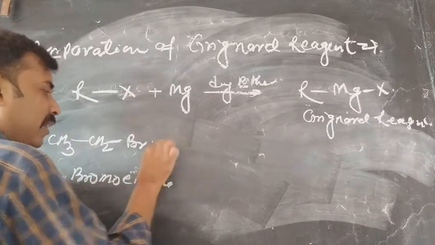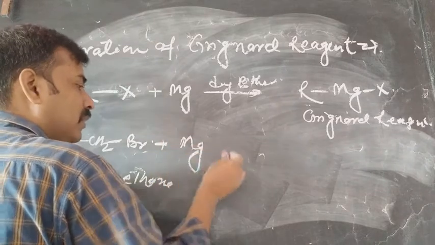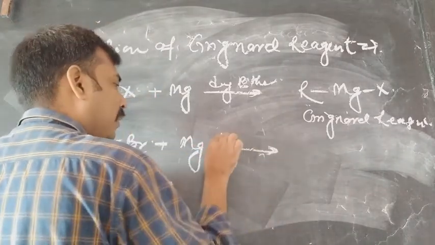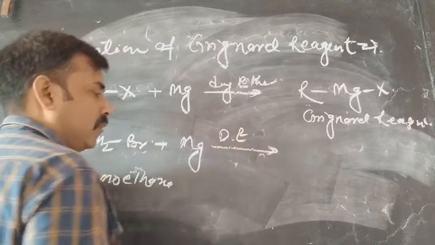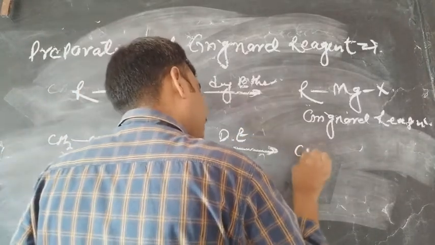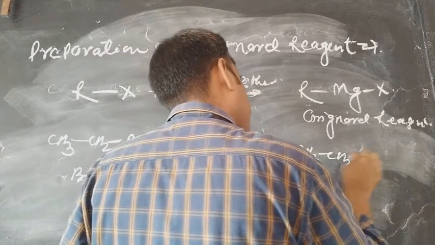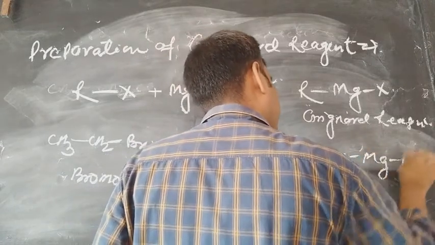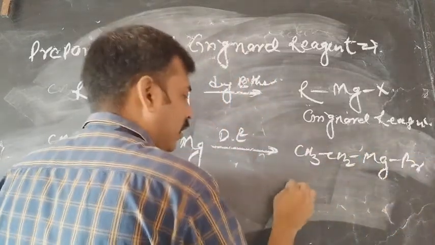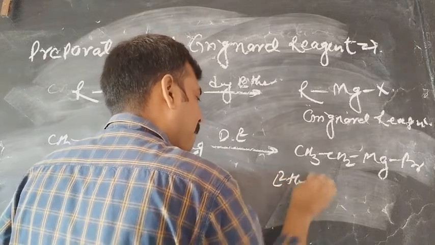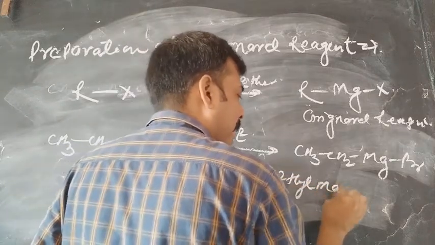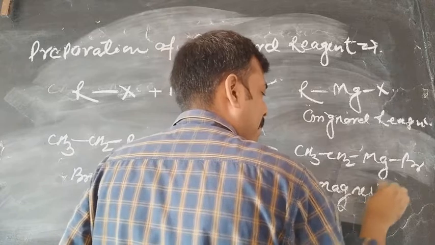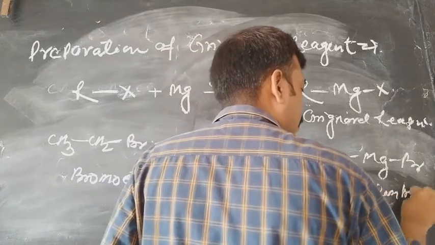When it is reacted with magnesium, Mg, in presence of dry ether, it gives CH3CH2MgBr, that is called ethyl magnesium bromide.